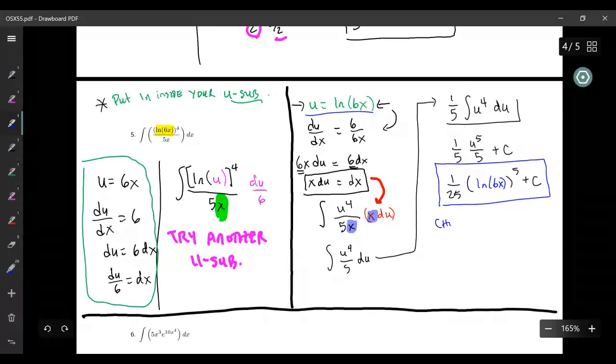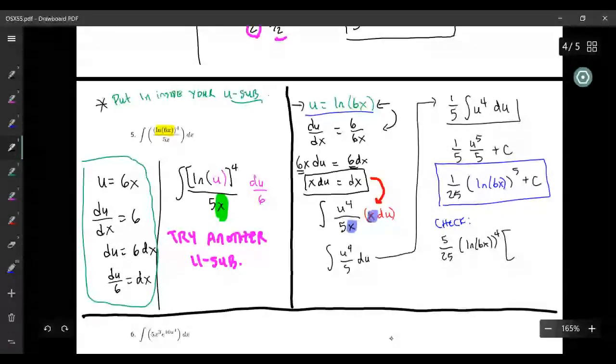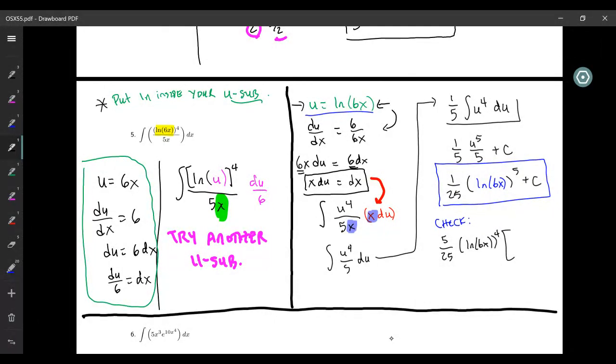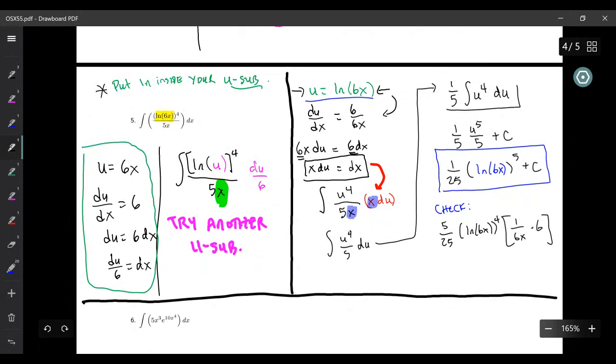And then let's check our work. Right, this is a chain rule, so you bring the 5 down, leave the inside alone. That's the derivative of the inside. So the derivative of ln of 6x is 1 over 6x times 6. All right, and then let's do some cleaning up.